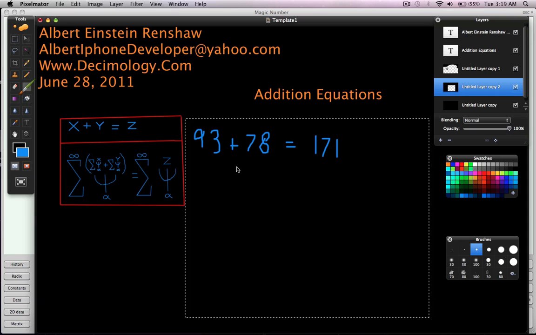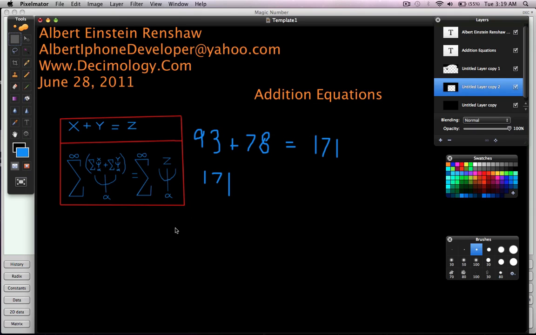And according to digit notation, 171, let me delete this, is the same thing as 16011, right?